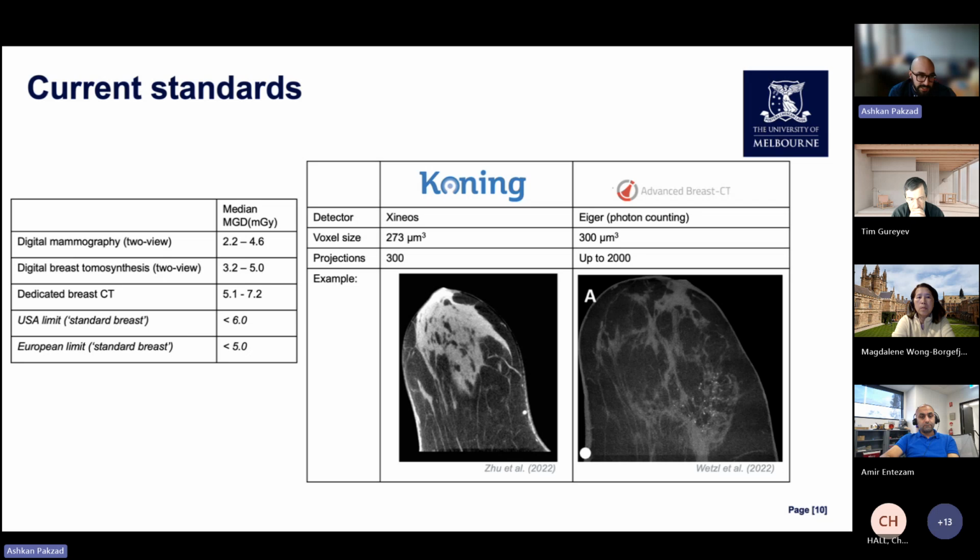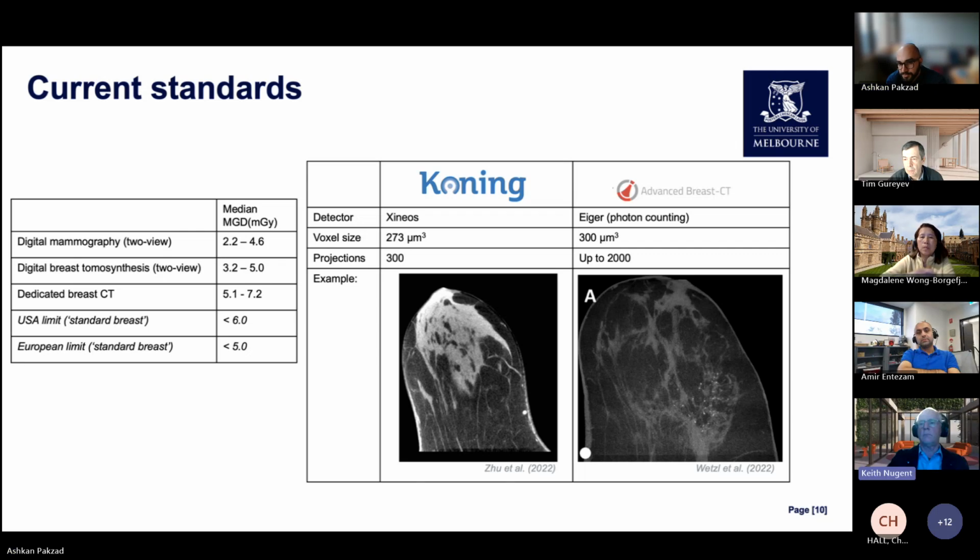And BCT has been an emerging technology for quite a long time, and that's because it's been a struggle to reduce the dose within these theoretical upper limits of 6 and 5 milligray, and so it's made it infeasible.